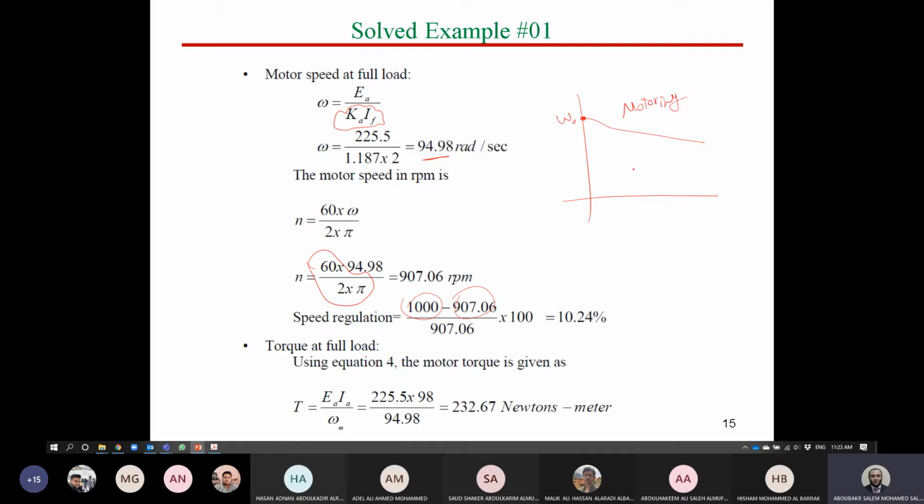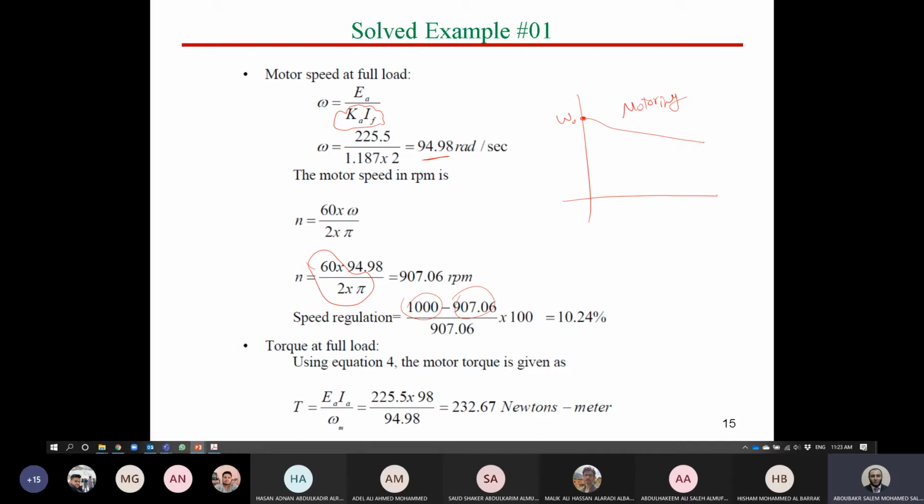This is motoring mode. However, in the generating mode, the speed will be higher than the no load speed. The typical, like in induction machine as well, in the generating mode, the machine speed will be higher than synchronous speed.